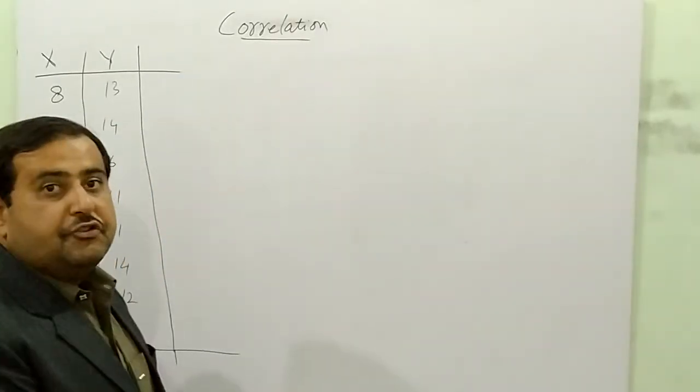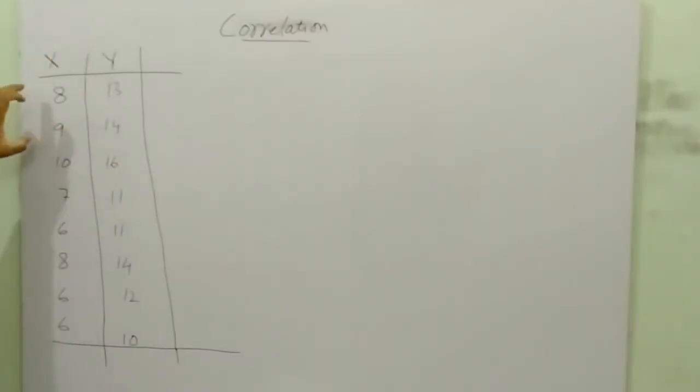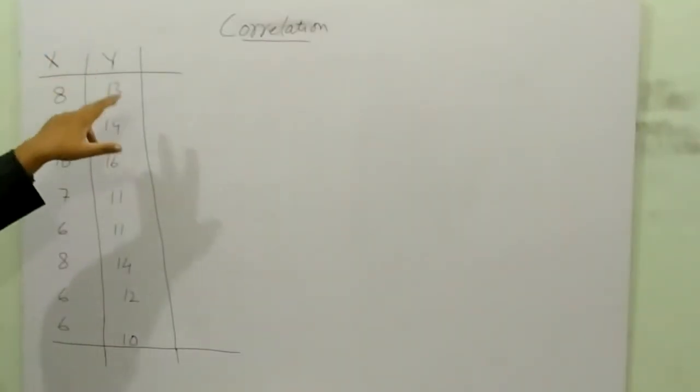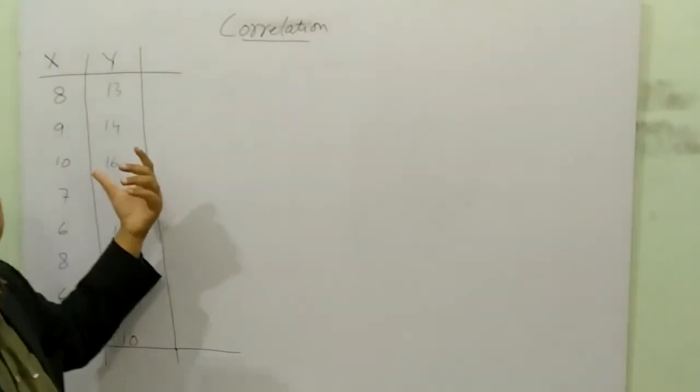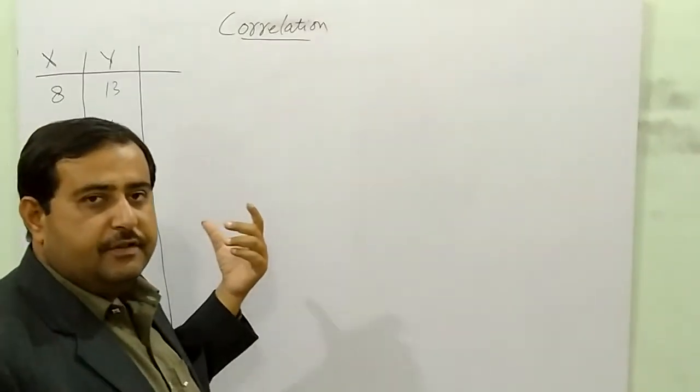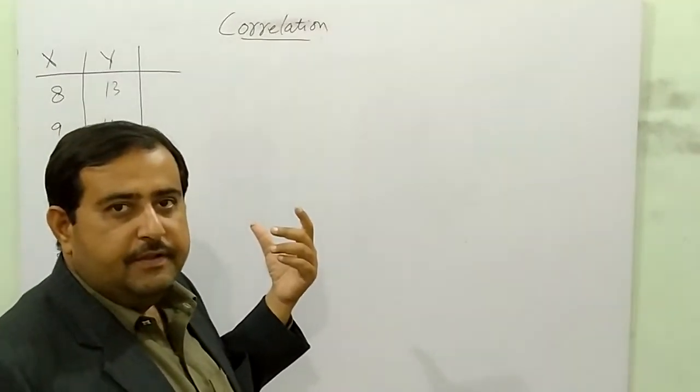Here the two variables are given, that is x and y. With the help of these values of x and y, we will find how to calculate the correlation.